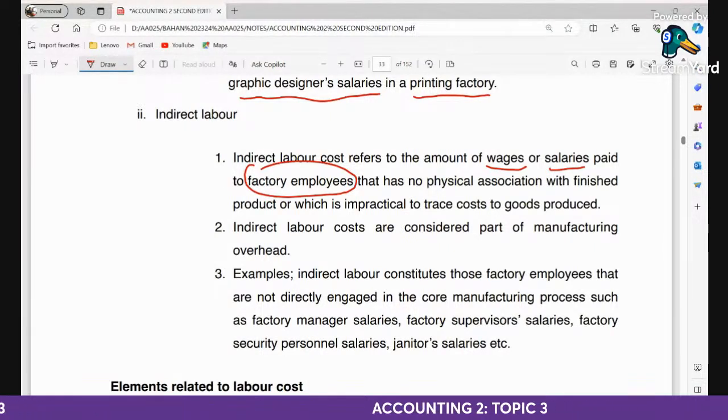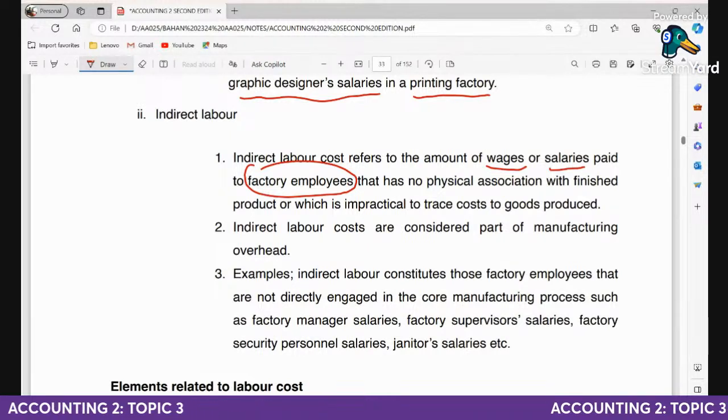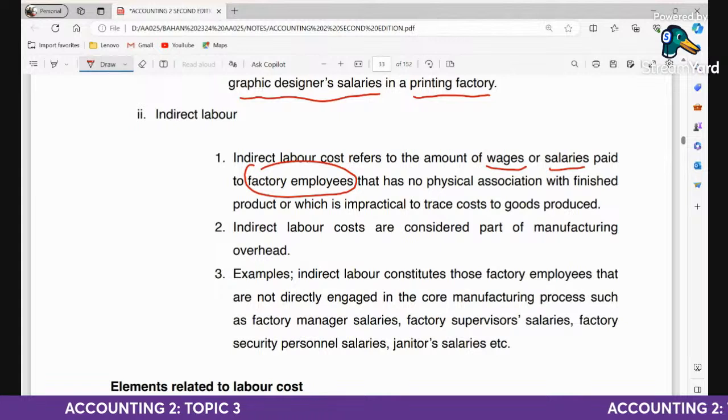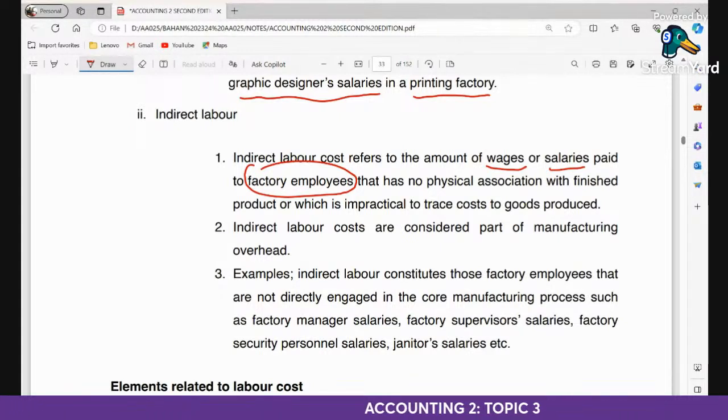One is direct material, second one is direct labor, and then anything that you need to pay in the factory, but it's not related to direct labor, it's not related to direct material, automatically these items will go to manufacturing overhead.